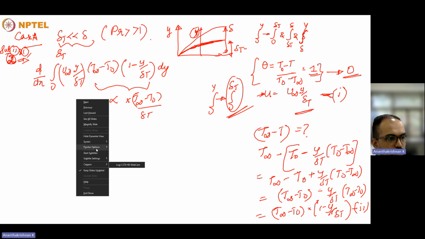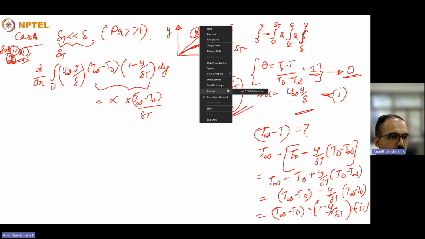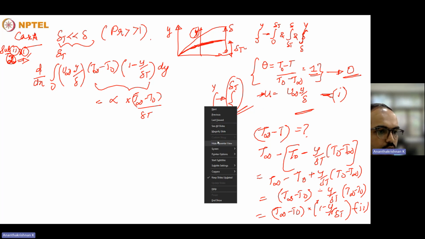Beg your pardon, there was a slight correction. This is not delta T, it is delta. So actually it will become equal to U infinity beyond the value of y equal to delta. So from 0 to delta, the velocity will be scaled based on the hydrodynamic boundary layer thickness, so it will be U infinity into y by delta.